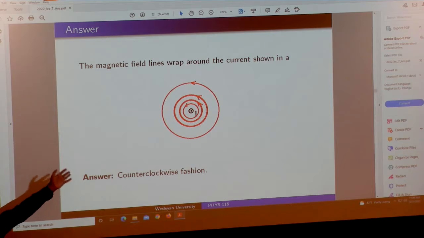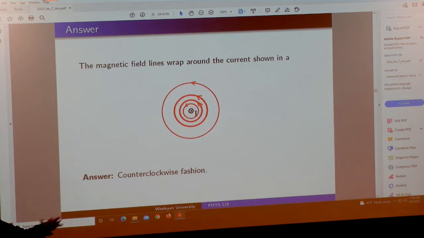Well, it's the current that's causing the magnetic field, but the lines don't start on a charge. They just loop around into themselves. All magnetic field lines are like that, basically. At most, they can go off to infinity or come from infinity, but anything that stays in a finite region is going to loop in some manner.